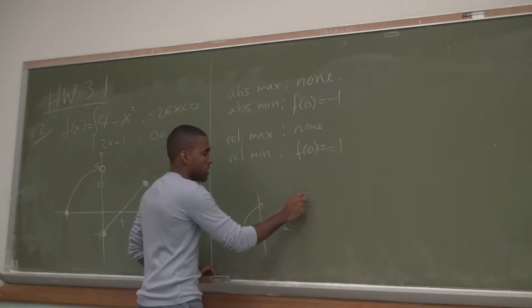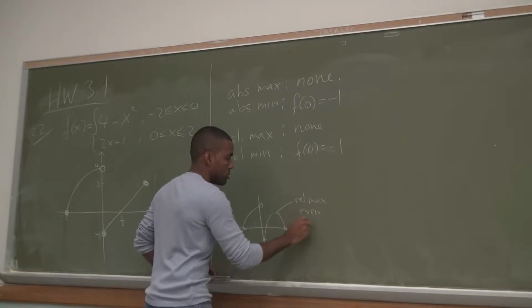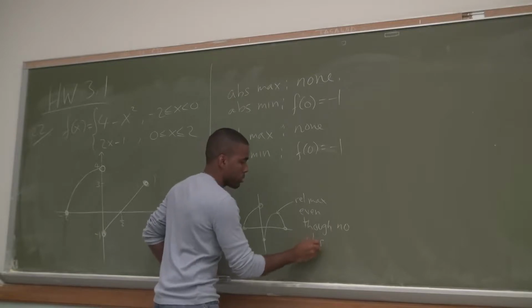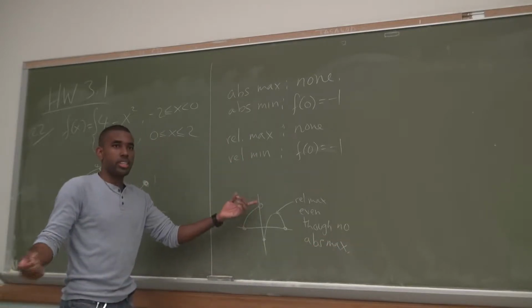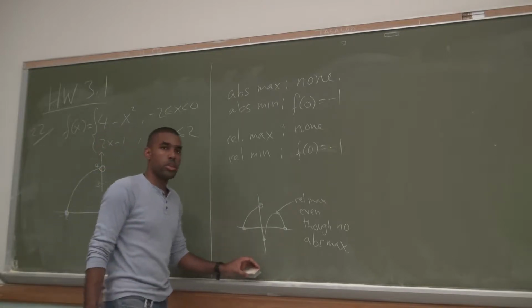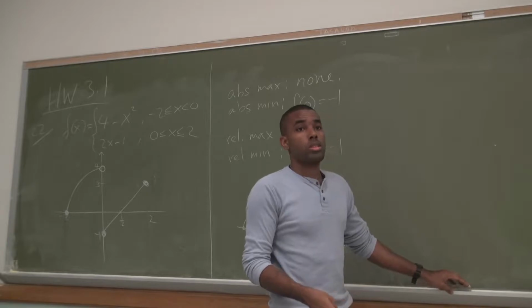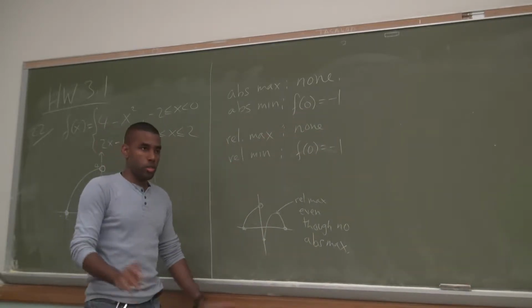So this would be a relative max, even though there's no absolute max, because the curve goes up but never attains the highest point. There's no y value that's higher than 1. Can something be both relative and absolute? Yes, that's completely fine.